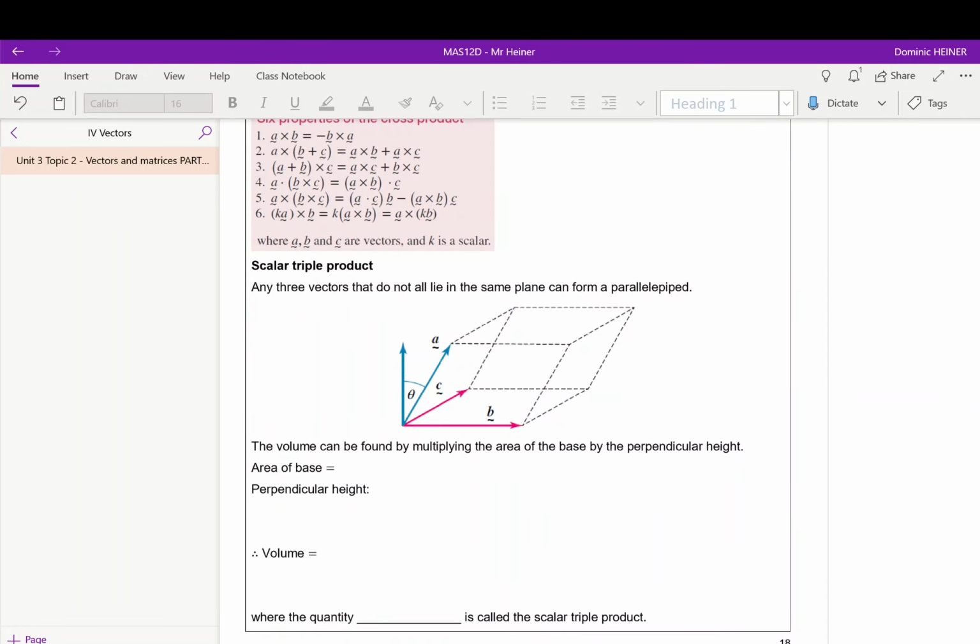Okay, scalar triple product. In the scalar triple product, any three vectors that do not all lie in the same plane can form a parallelepiped. The volume can be found by multiplying the area of the base by the perpendicular height.